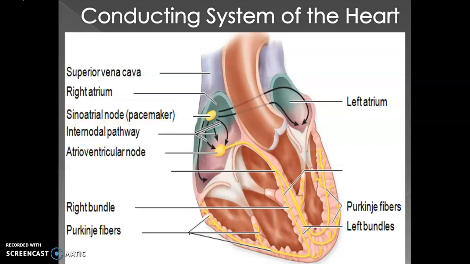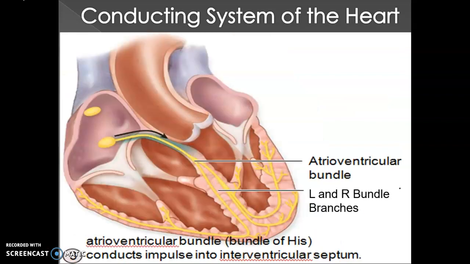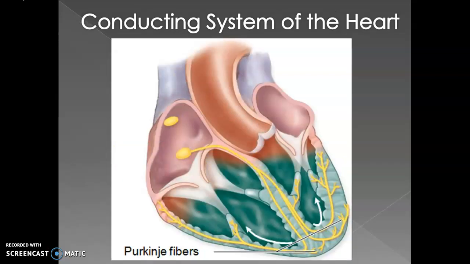So this is the SA node, that's the AV node, and then this is the AV bundle, which then splits into left and right bundles, and finally we have these fibers called Purkinje fibers. That's all about the conducting system of the heart.